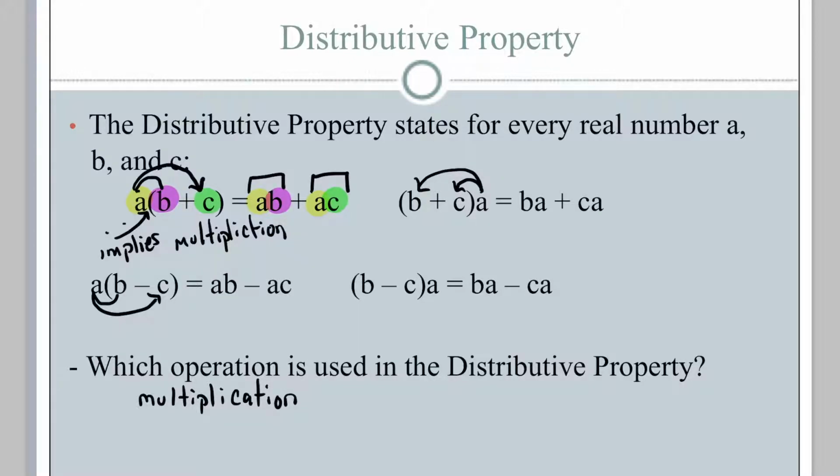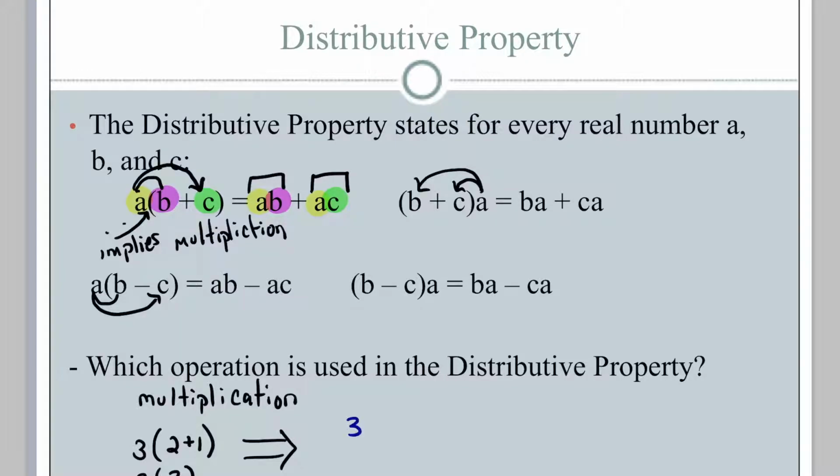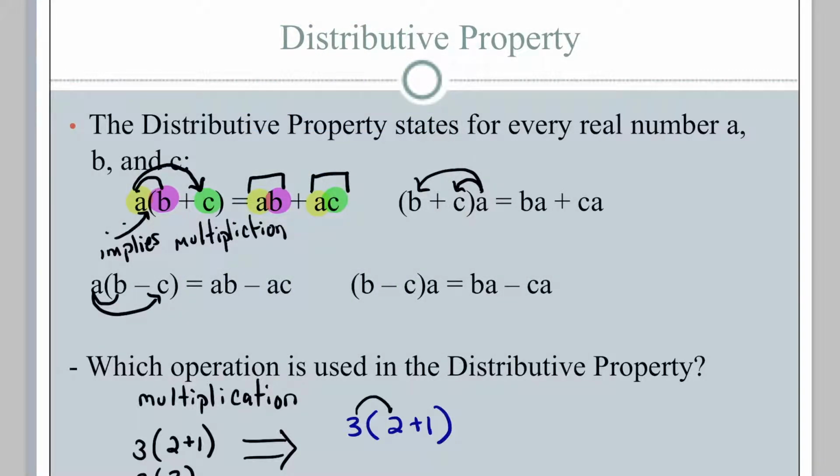And so let's do an example. If I were to have 3 times the quantity 2 plus 1, well, order of operations tells us that 3 times 3 is equal to 9. And so the question is, is that equivalent to 3 times 2 plus 1 if I were to distribute the 3?